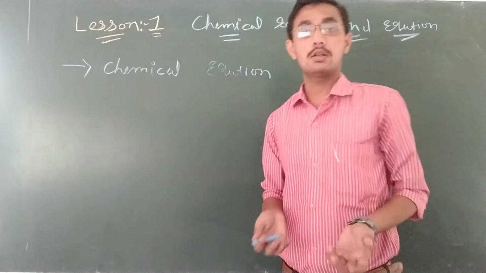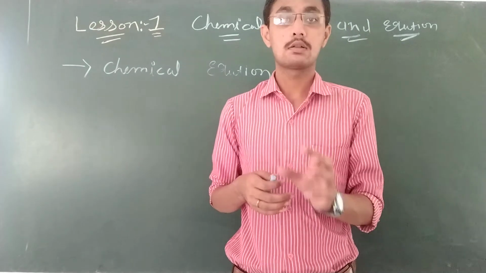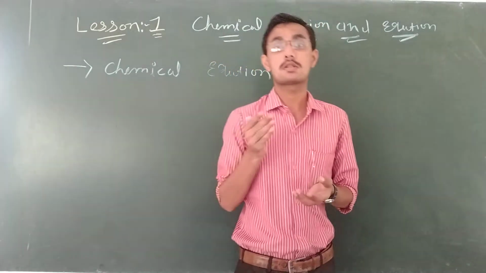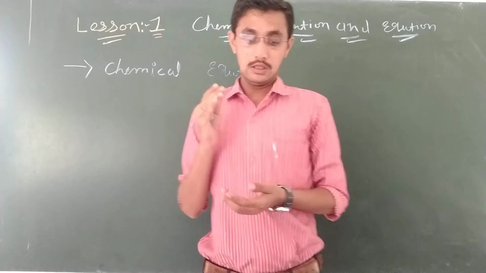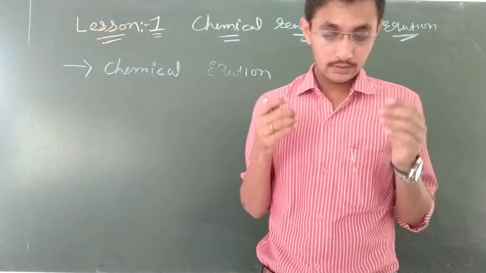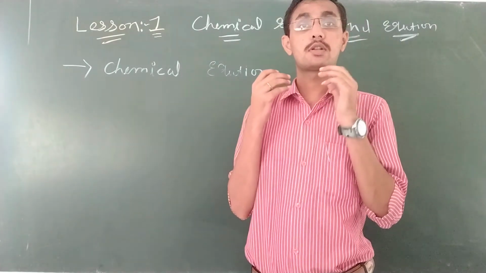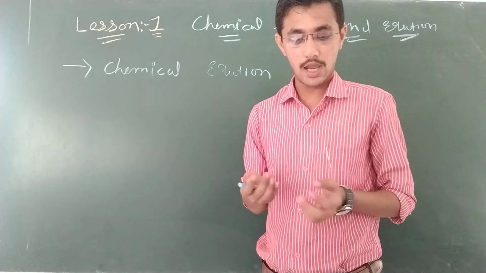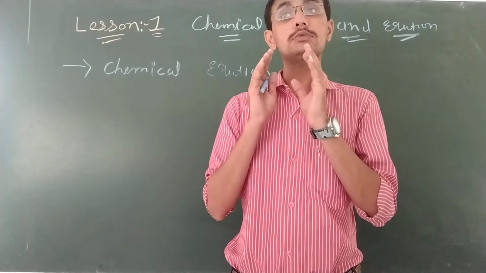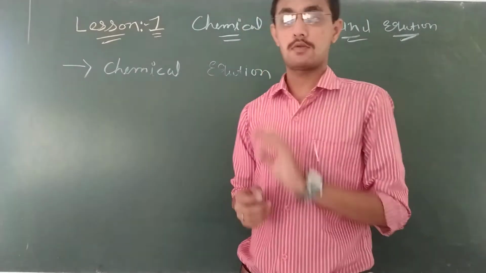So, for ease, I have to write this statement in the form of symbols, chemical formulas, some special conditions and with physical state. This is known as a chemical equation.